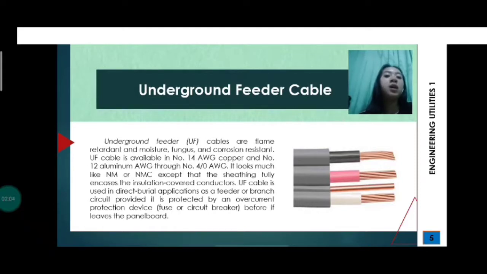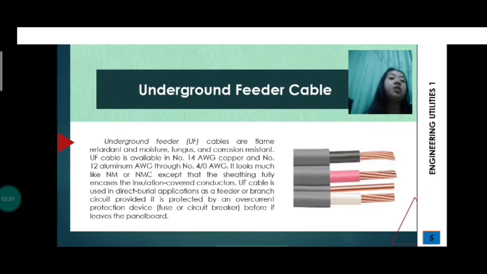It looks much like NM or NMC except that the sheeting fully encases the insulation-covered conductor. UF cable is used in direct burial application as a feeder or branch circuit provided it is protected by an overcurrent protection device before it leaves the panel board.